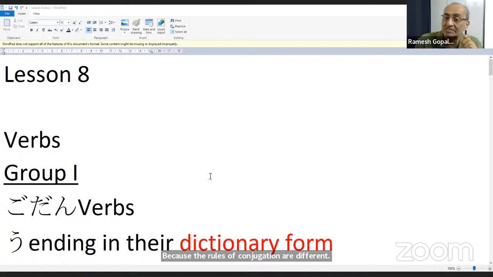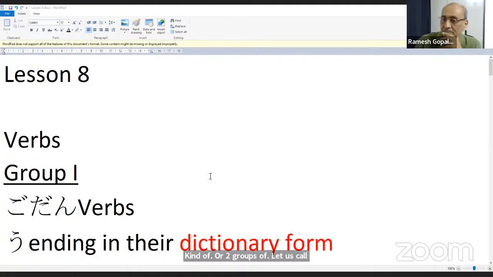Grammar is about rules, right? Any grammar is about rules. So when you conjugate verbs, the rules that you apply are different for these 2 kinds of verbs, or 2 groups of verbs.